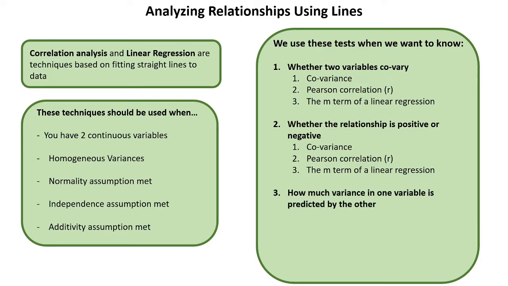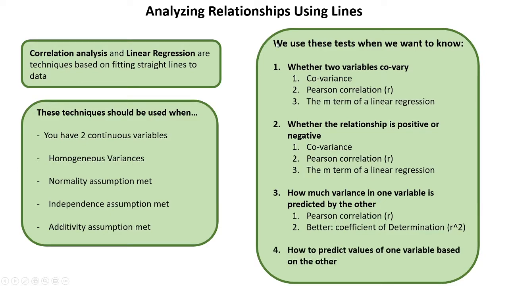You can also learn how much variance in one variable is predicted by the other. And that's pretty important, and we'll talk about it. Pearson correlations tell you this, but a better thing that does a better job is the coefficient of determination, R squared.